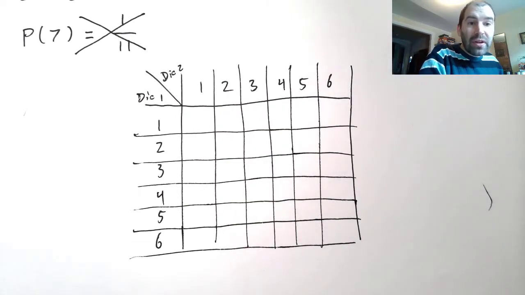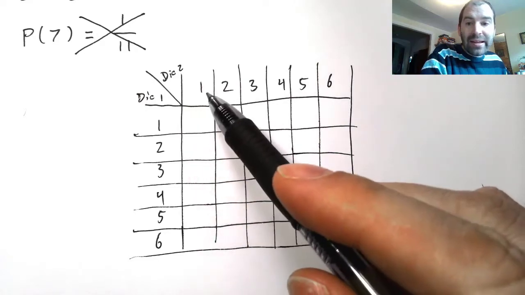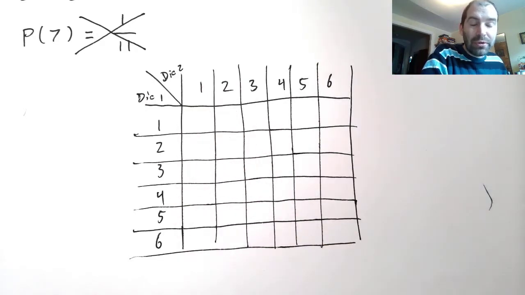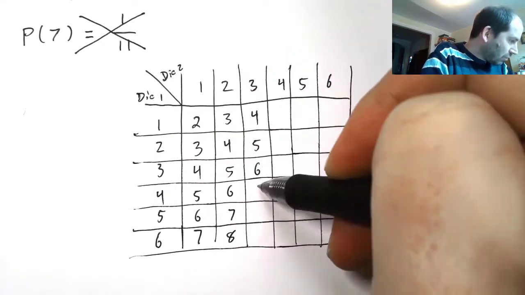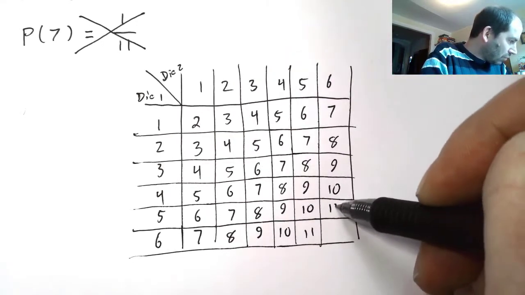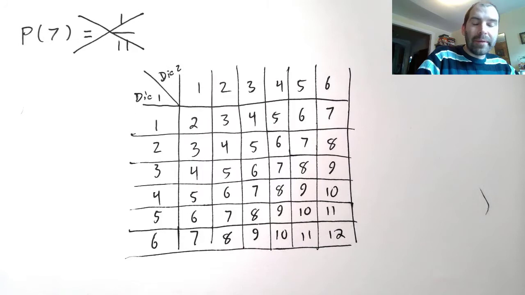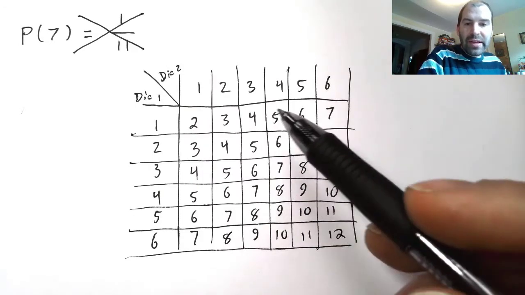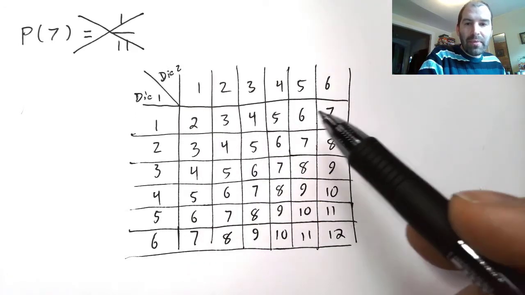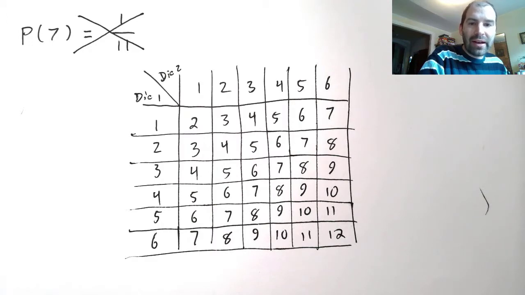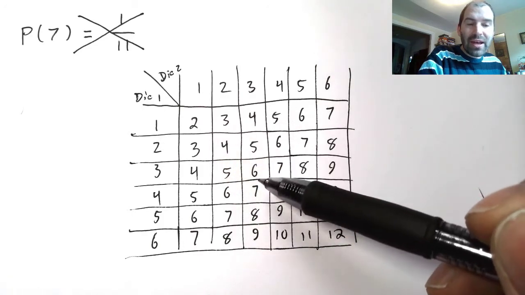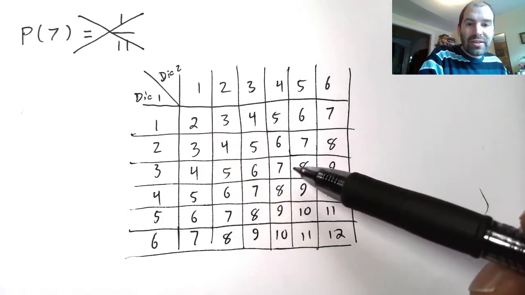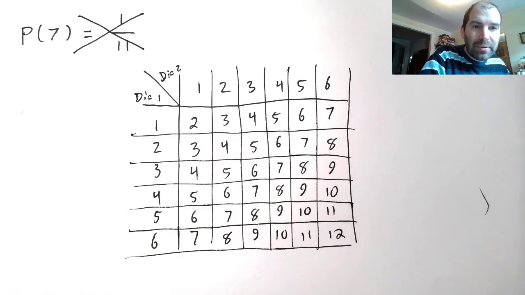Okay, let's fill in this table by adding the values of the dice, because that's what we're doing in this experiment. I have written inside the table the sum of the two die values. I've added them together. Now, what I'd like you to observe is that each outcome in this table is just as likely as any other outcome in this table.